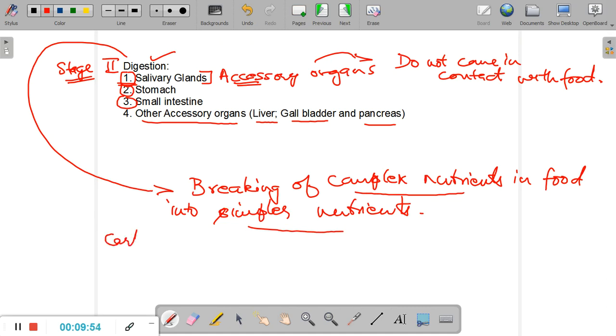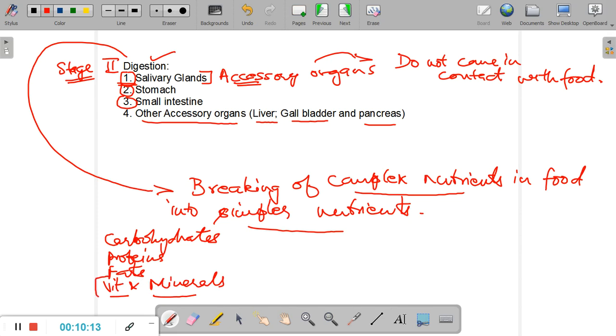We've got carbohydrates, we've got proteins, fats, and we've got vitamins and minerals. Now, vitamins and minerals are kind of simple. They can be used as they are absorbed by the body, most of the times.